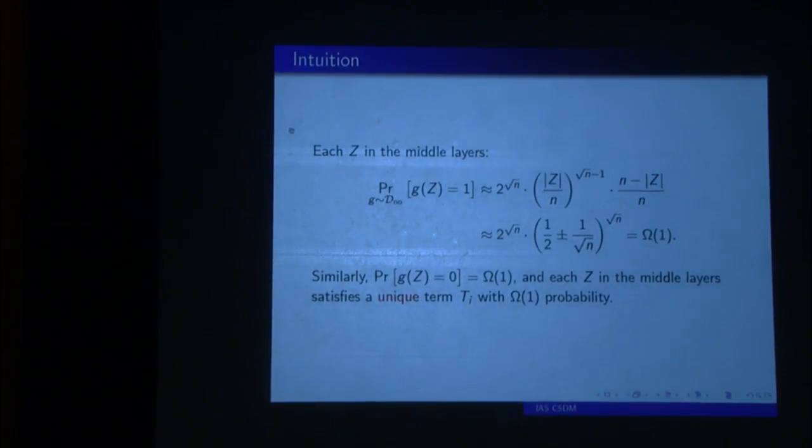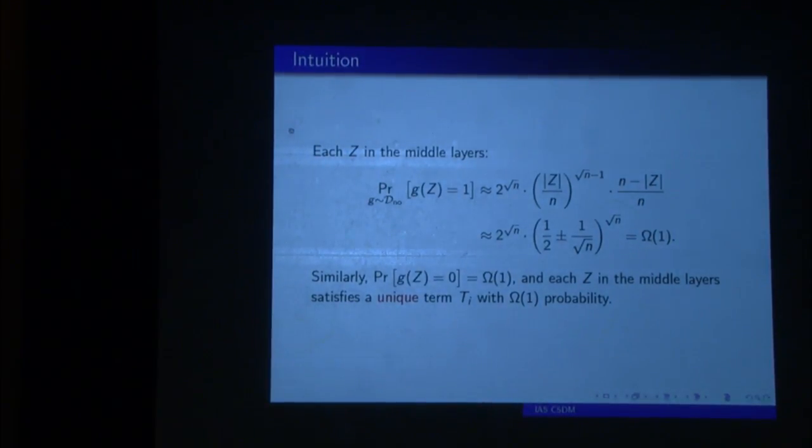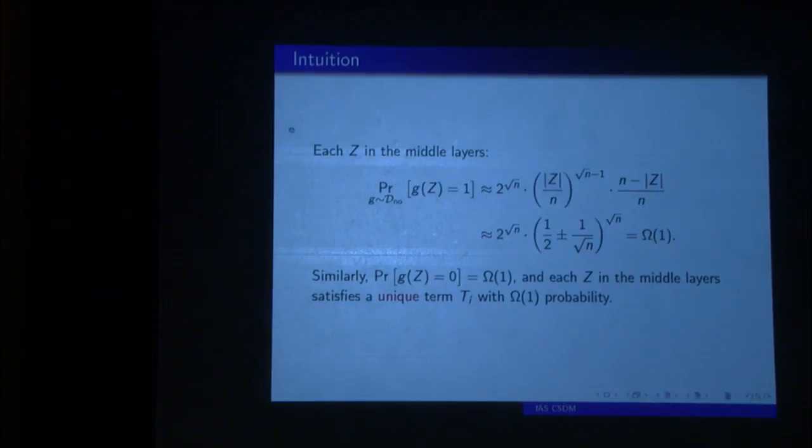So these are the middle layers. Right? Now you take a t_i, but let's say t_i prime, which is t_i, but with the last variable removed. So it's really root n minus 1 variables. Everything is monotone. Okay.